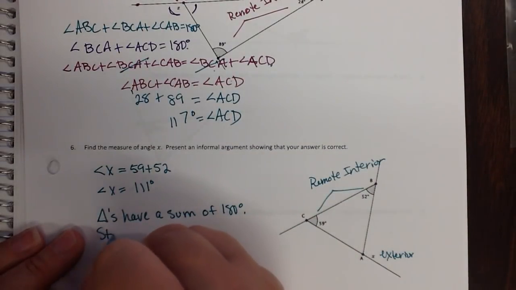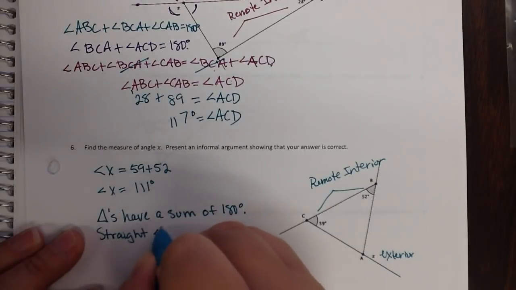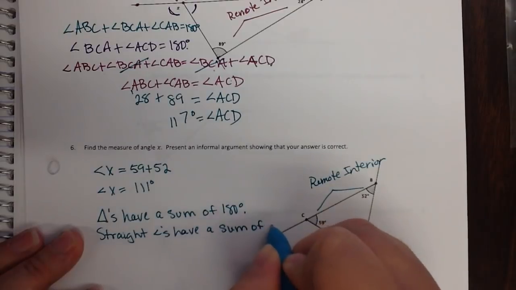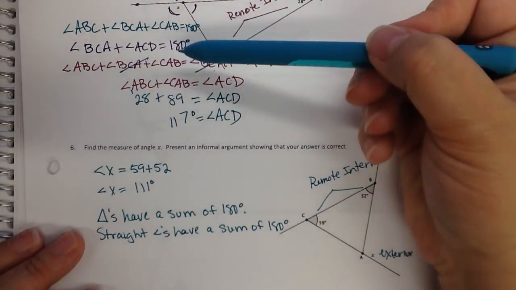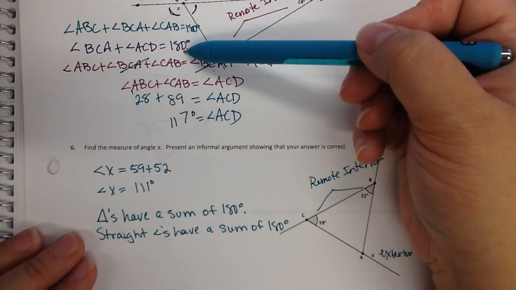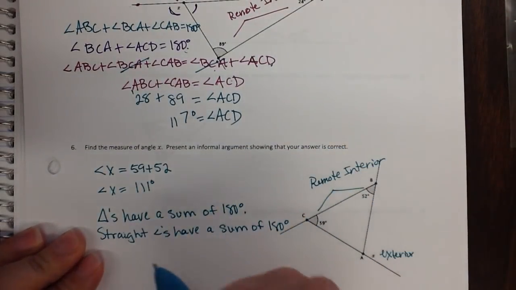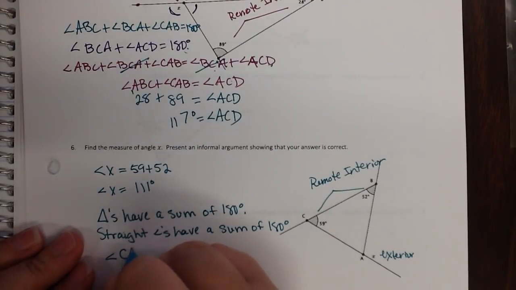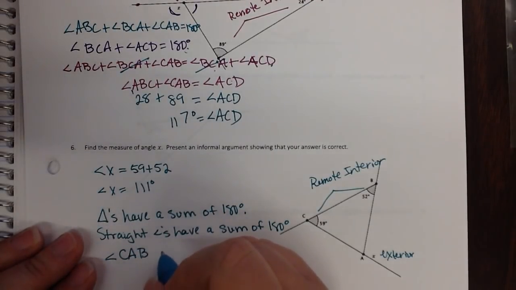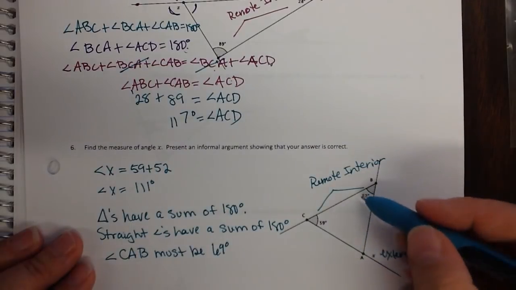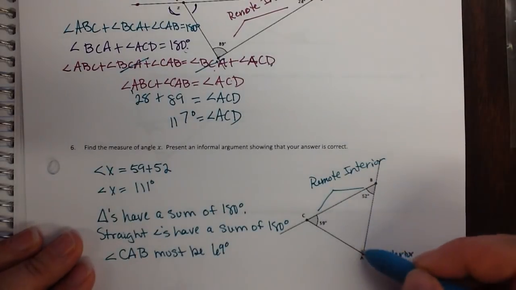Straight angles have a sum of 180 degrees, which is what we wrote here. So because these two have a sum of 180 degrees, angle CAB must be 69 degrees, this one, because these three add up to be 180.